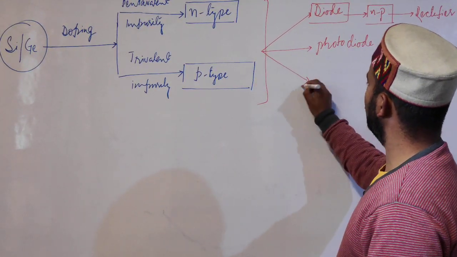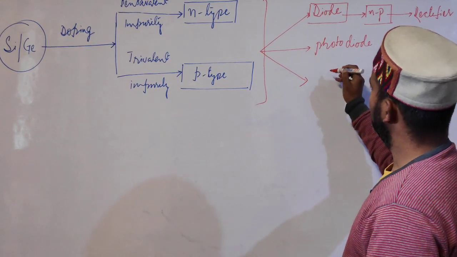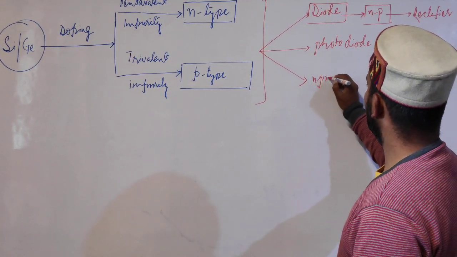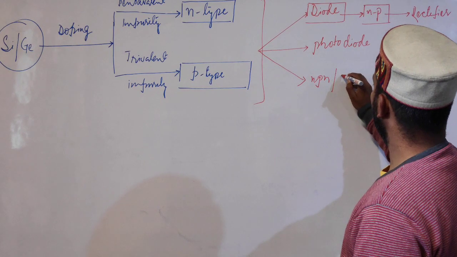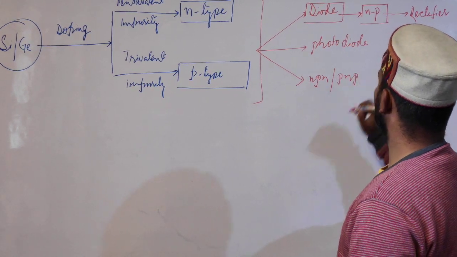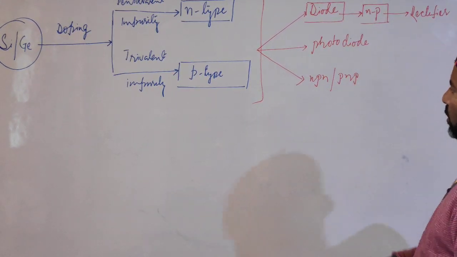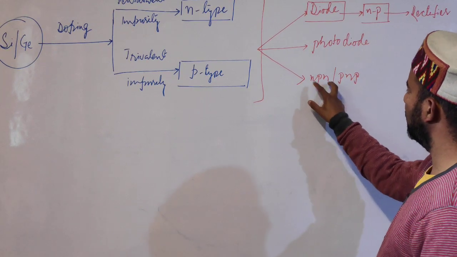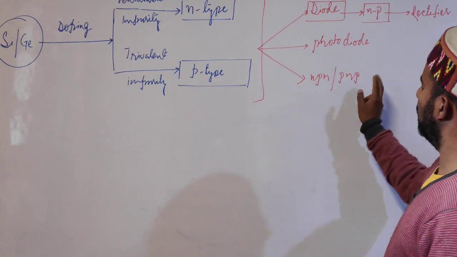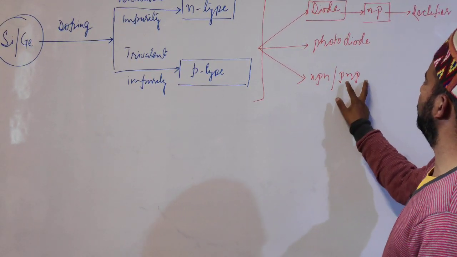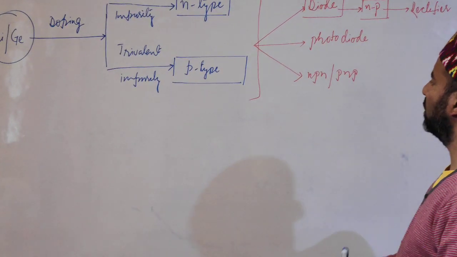Then students, we have NPN or PNP type materials, where a P-type semiconductor is sandwiched between two N-type semiconductors, or an N-type semiconductor is sandwiched between two P-type semiconductors.